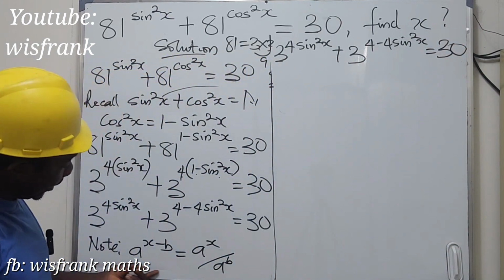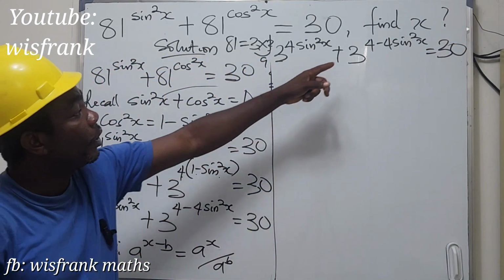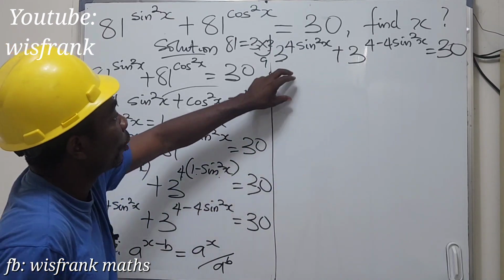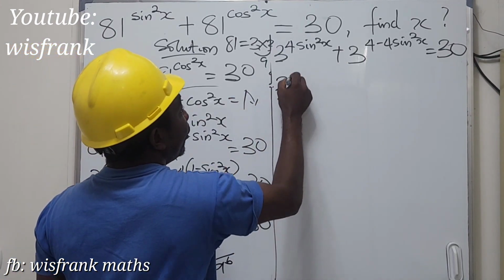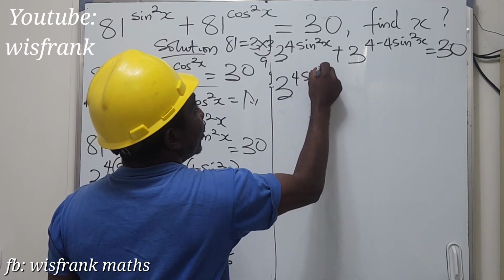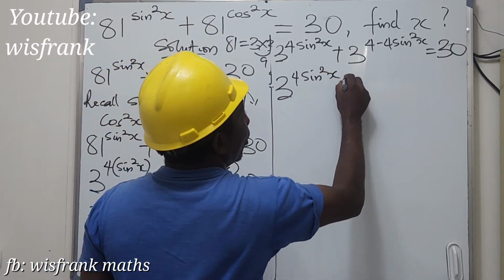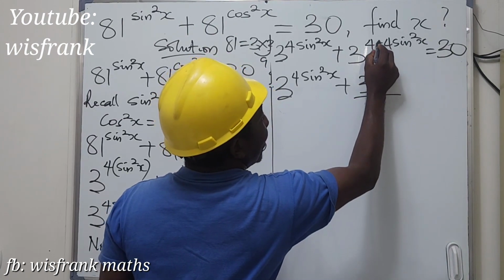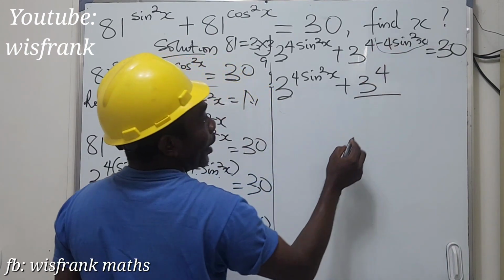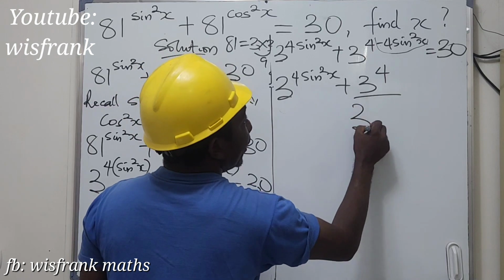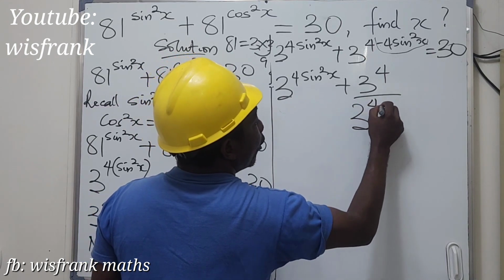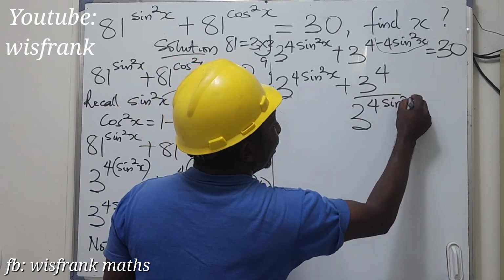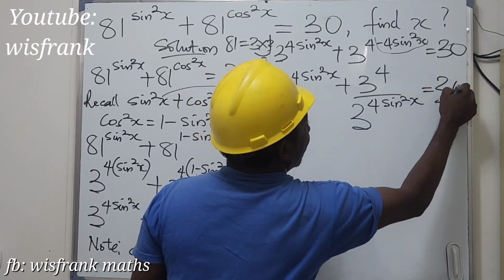So applying this law of indices to this equation, we have 3 to the power of 4 sine squared x plus 3 to the power of 4 all over 3 to the power of 4 sine squared x, because this is minus 4 sine squared x, equals 30.